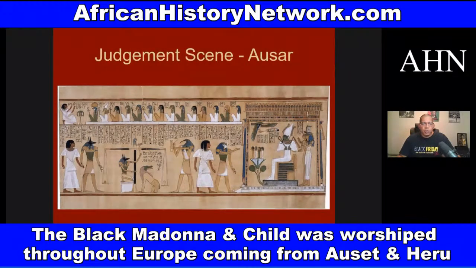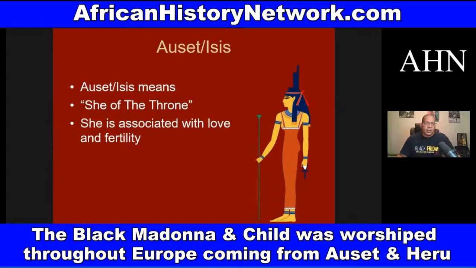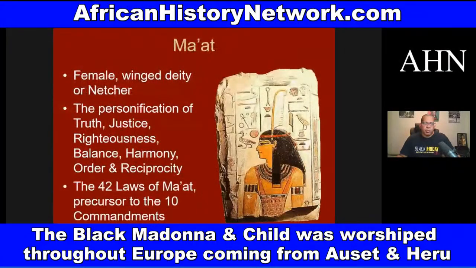When you look at Auset, she was associated with love and fertility. When you look at Ma'at, she was the personification of truth, justice, righteousness, balance, harmony, order, and reciprocity. And you deal with the 42 laws of Ma'at, or the 42 negative confessions, which are a precursor to the 10 commandments.